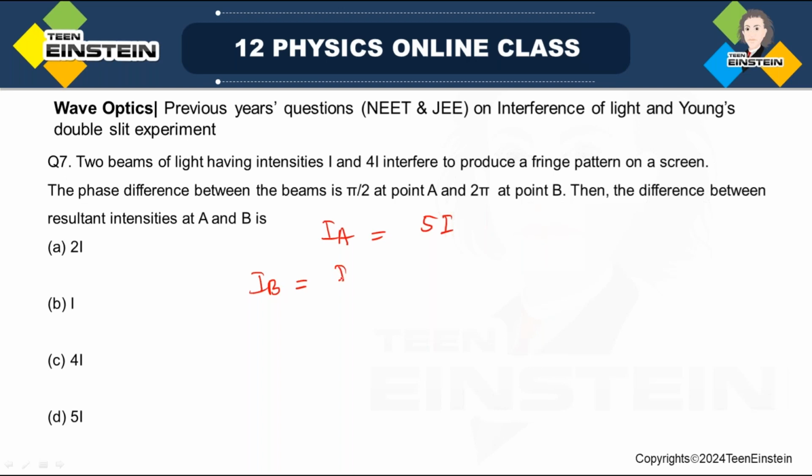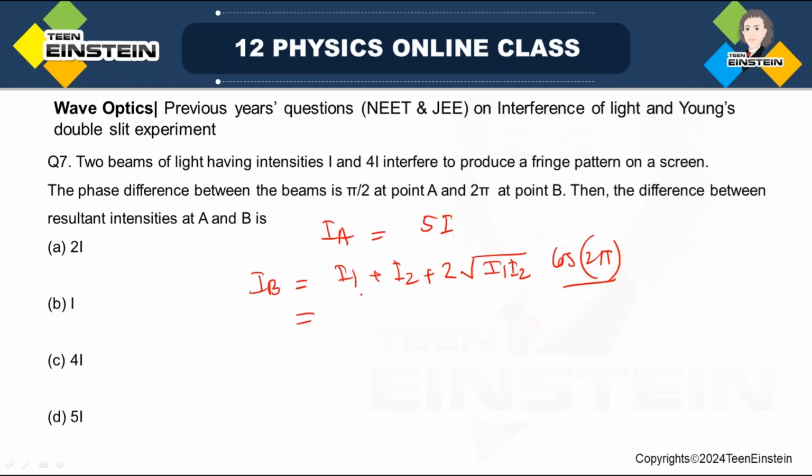Now IB means, here also I1 plus I2 plus 2 into root of I1 I2 cos of 2 pi. Cos of 2 pi means 1 only.